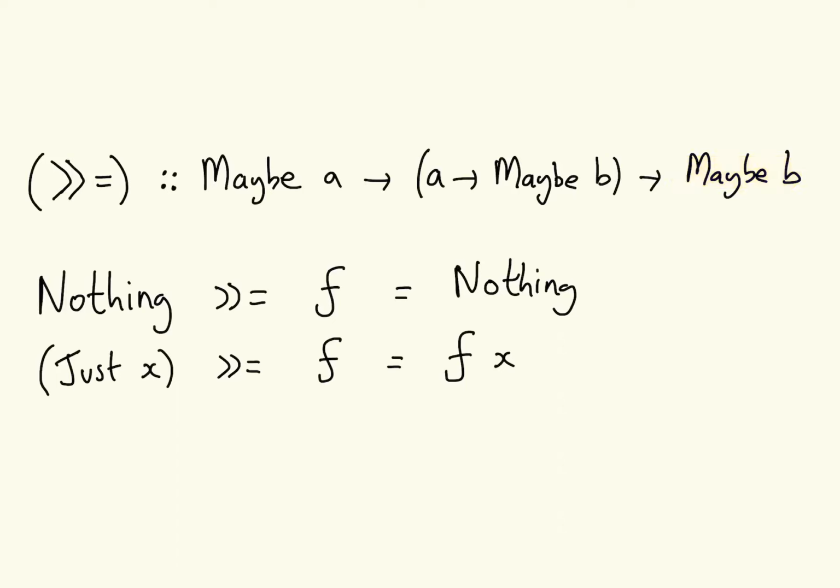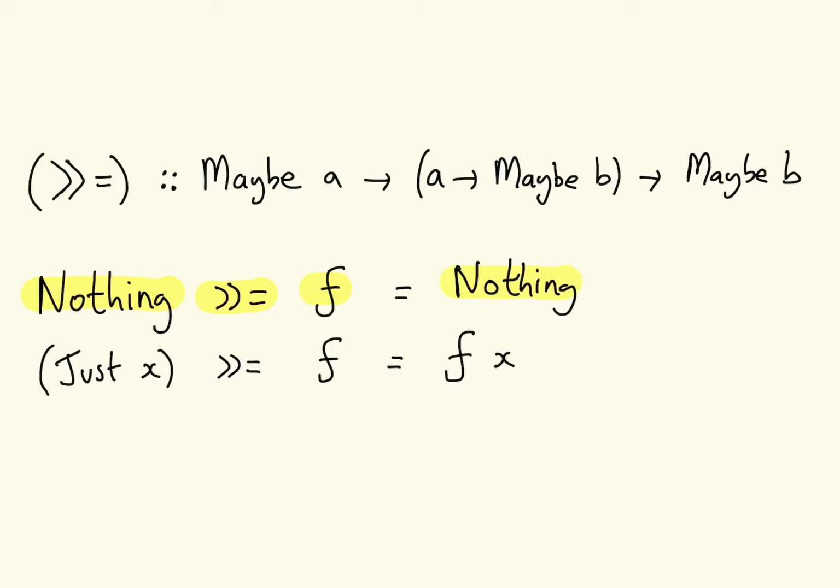So this is the bind or into or then operator. And again, it captures a form of sequencing for computations that can fail. And the definition is entirely straightforward. I mean, the type is perhaps a little bit weird, but the definition is very straightforward. So we're matching on the first parameter. If the first parameter has failed, and we're trying to feed that into a function which tells us what to do next, well, we don't have a value for the function, so we're simply going to fail and return the value nothing.